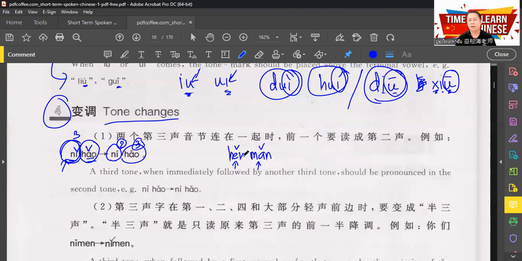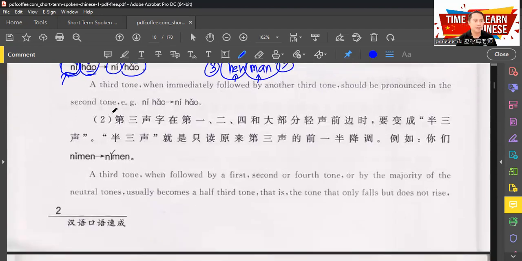For the two words we normally have to say 很 MAN หมาน. It's quite difficult to accent, right? So we have to change by this rule. Third tone we have to change to be second and third tone, right? 很หมาน like this is more comfortable for accent.